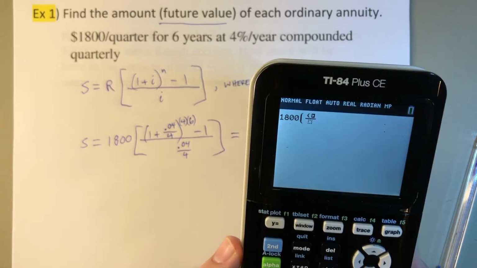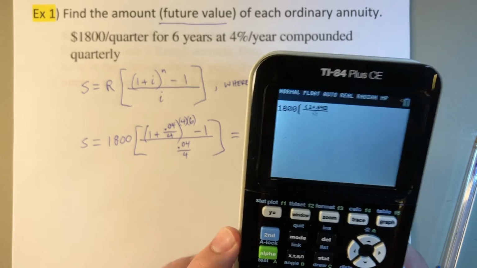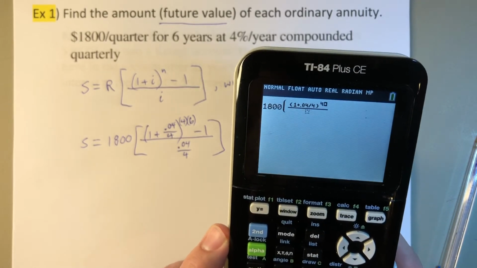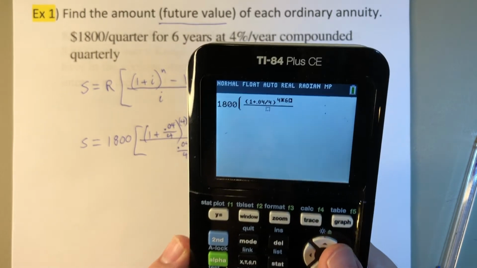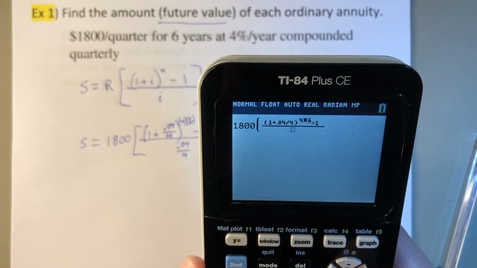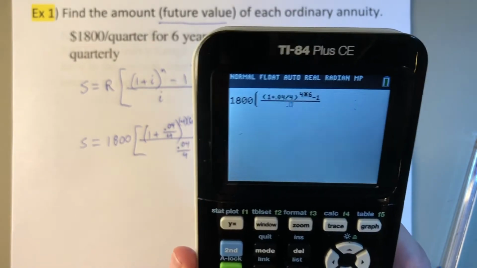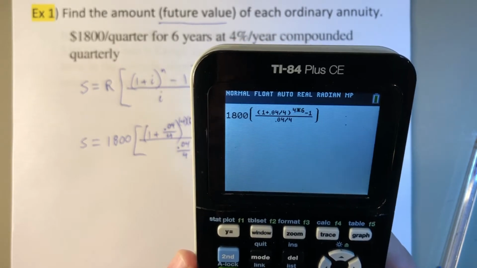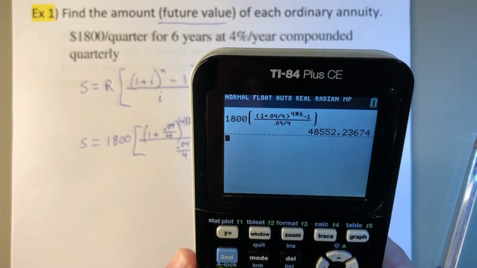The quantity of 1 plus 0.04 divided by 4 to the power of 4 times 6. Get out of the exponent position. Take 1 away from that. And then go down into the denominator. 0.04 divided by 4. Go all the way to the right, close quantity, hit enter, and there's your answer.